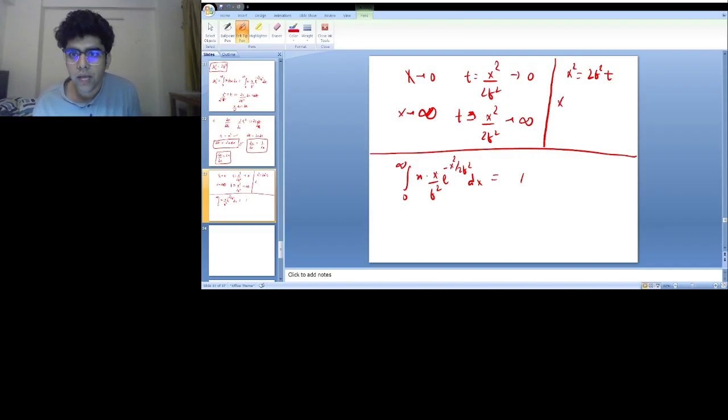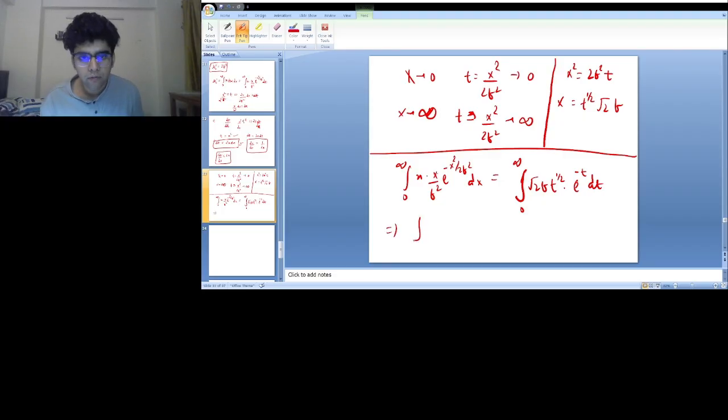So x is equal to t to the power half root 2b, right? So this becomes the integral from 0 to infinity of root 2b t to the power half into e to the power minus t dt.